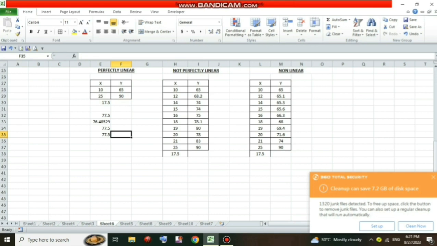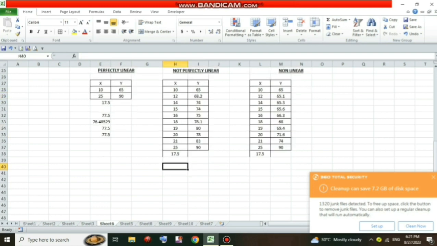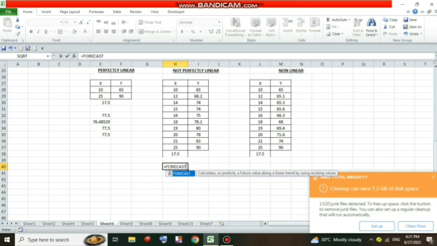Similarly, you will have to find out using the other two here also. Let's try to find out, for data that is not perfectly linear, using growth, trend, forecast, all that. So forecast. Let me find the x value. X value is this, known y's are this, and known x values are this.